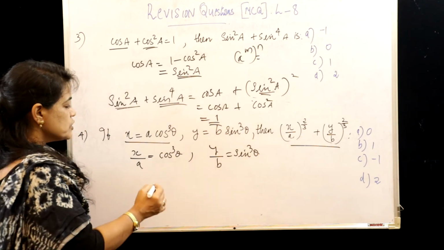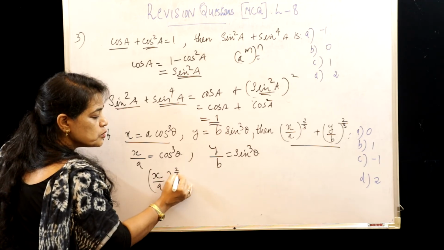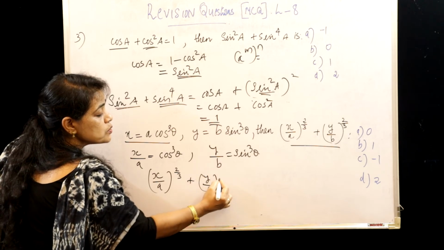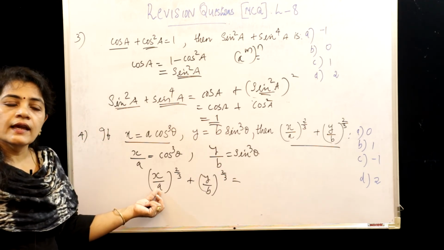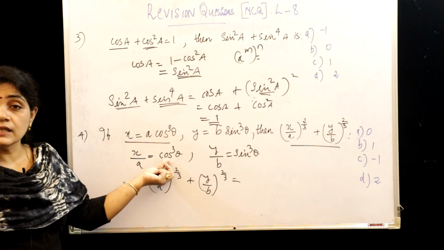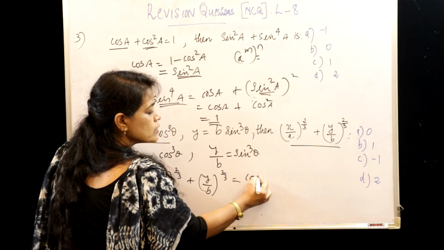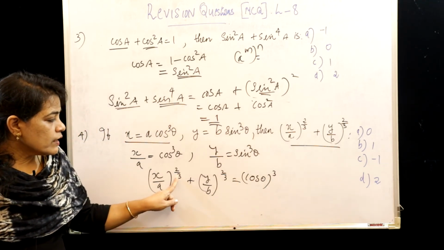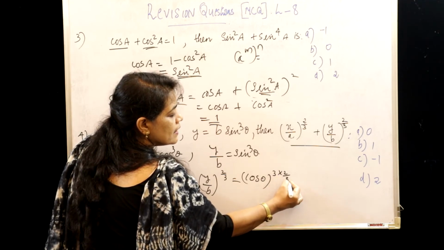Now we need this value: x by a whole raised to 2 by 3 plus y by b whole raised to 2 by 3. Now we know x by a is nothing but cos cube theta. Cos cube theta is cos theta whole cube, and its power is 2 by 3.